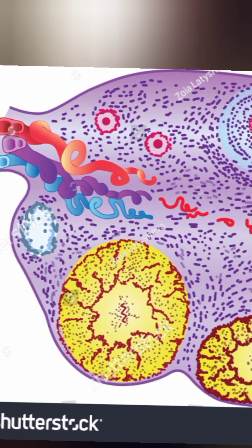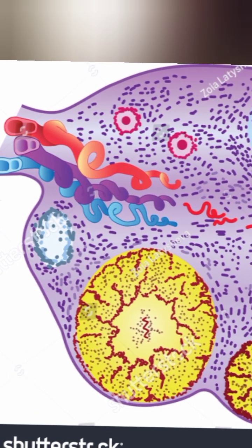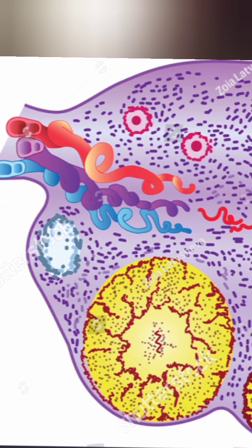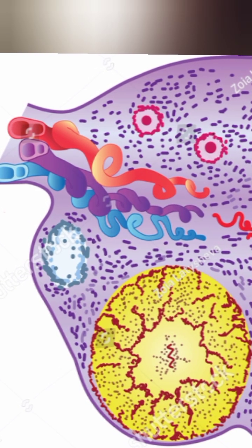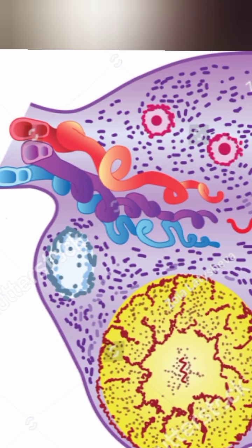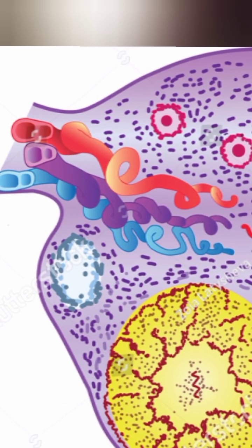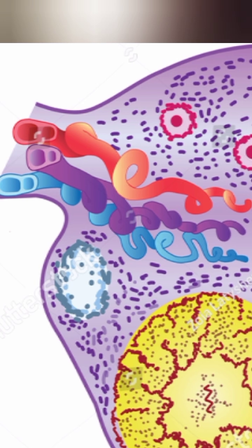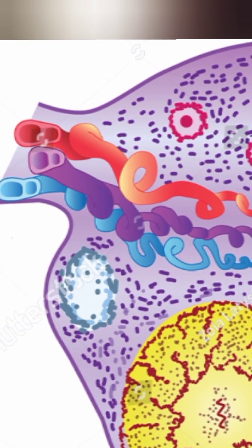The corpus luteum secretes mainly progesterone as well as small amounts of estrogen, which is absolutely necessary to maintain the endometrium for successful implantation of the blastocyst and the product of conception. The corpus luteum continues to secrete progesterone as well as estrogen until the 12th week of pregnancy, known as the corpus luteum of pregnancy.